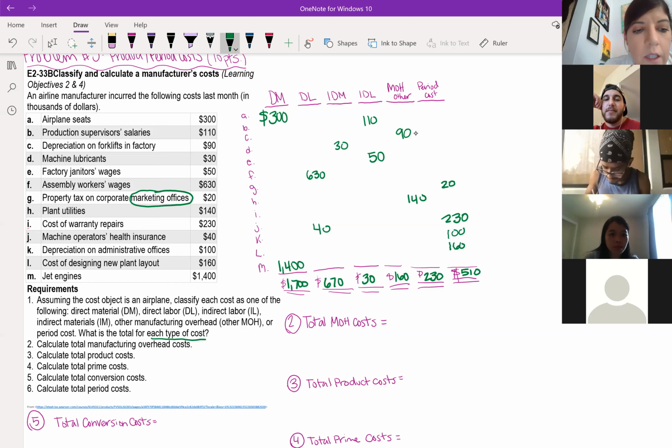Part 2 is to calculate total manufacturing overhead costs. So what columns are we going to include? I'm just going to write them in words if that's okay.